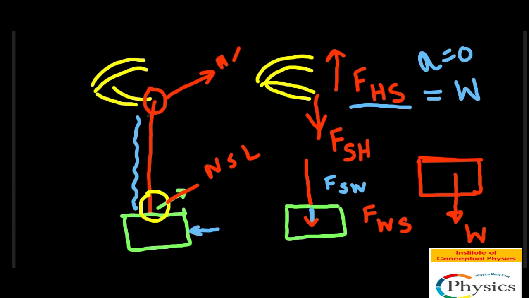The transmission of this weight, or the gravity force, is happening because of tension. So this weight is at the hand at this place because of tension.